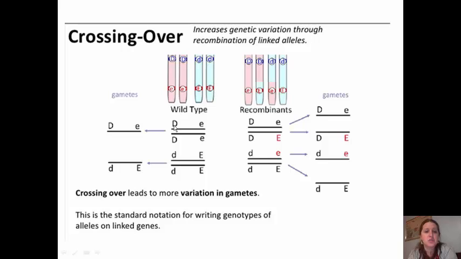So we have a big D and a little e, and then a big D and a little e, and the lines represent the sister chromatids. The chromosome from the father has a lowercase d and an uppercase e. That was the original chromosome. It's replicated, and now we have a little d, big E, little d, big E.